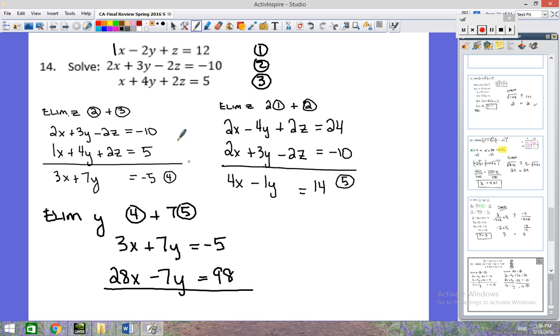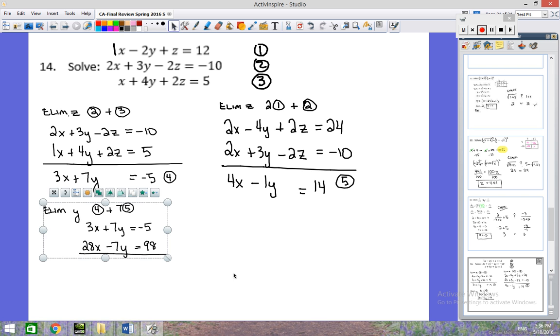Alright, so if we add these together, we've eliminated y. And we have 31x is equal to 93. Well, let's take 93, divide it by 31, and we get 3. That's awfully nice.